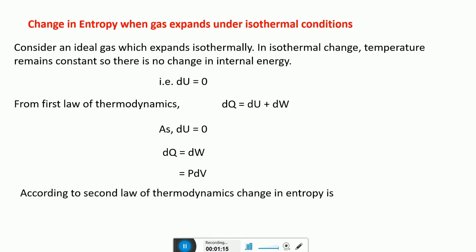According to the second law of thermodynamics, change in entropy is dS is equal to dQ by dT. So here we substitute the value of dQ, that is PdV, and integrate it from the initial state to the final state, or state 1 to state 2.